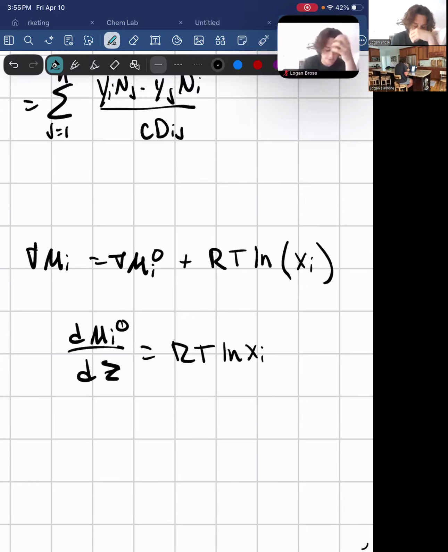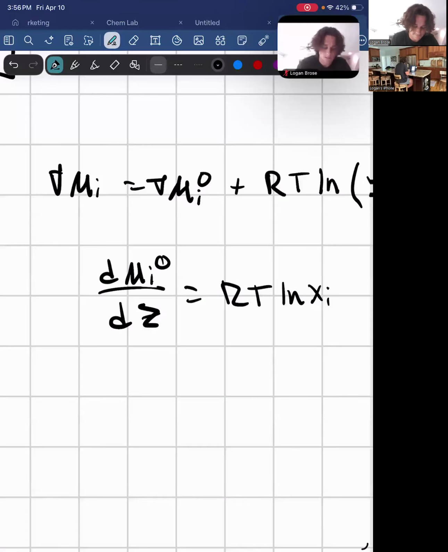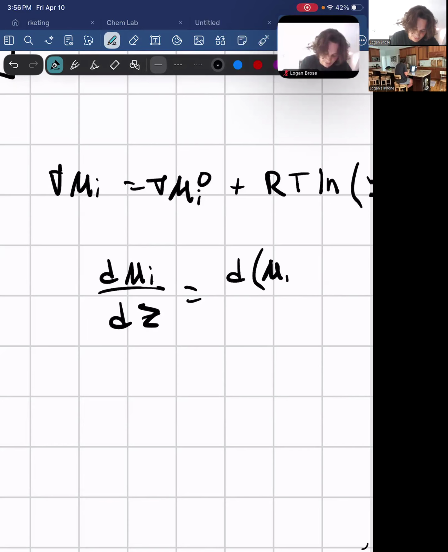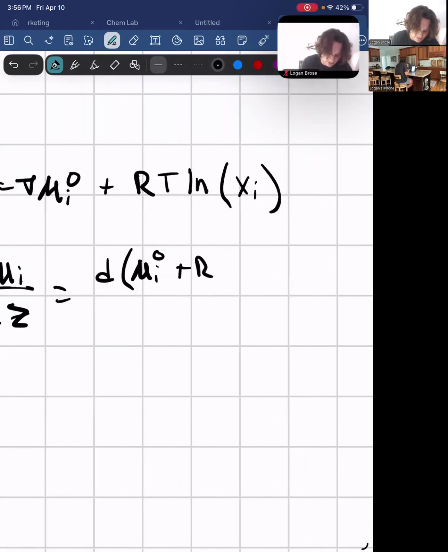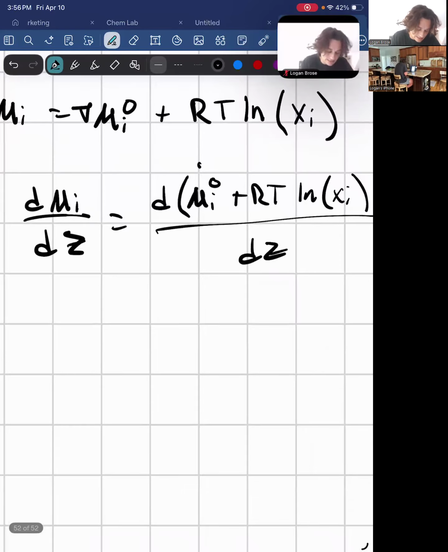We can take the derivative of this, and we get our d, and then it's our chemical potential at standard state plus RT ln x_i, all over dz. Well, we know that this is a constant, so when we are taking the derivative, that's just going to be 0. And so we can then write this as d.